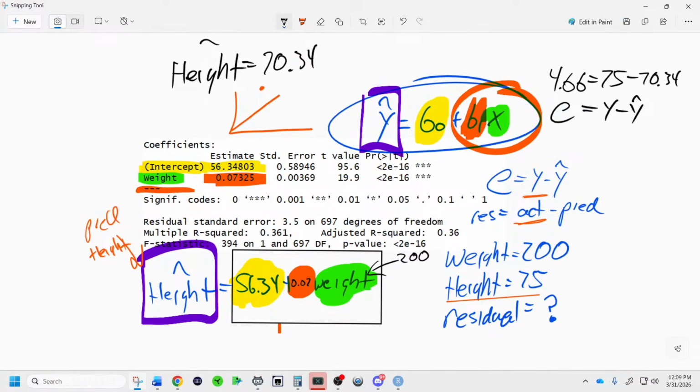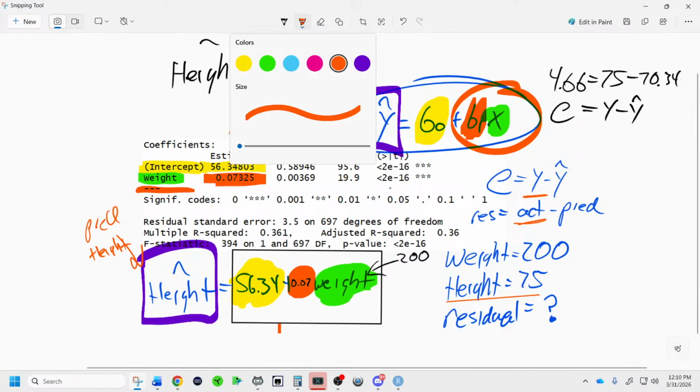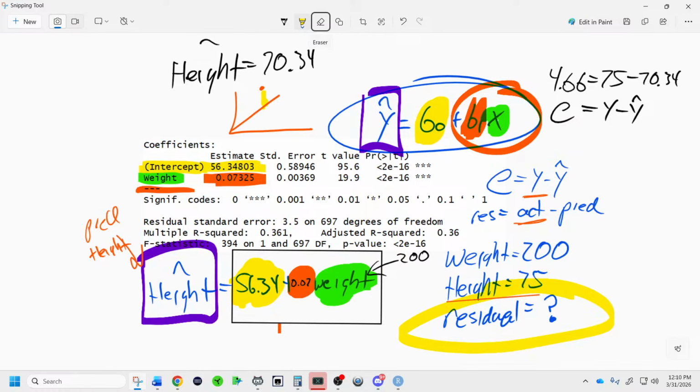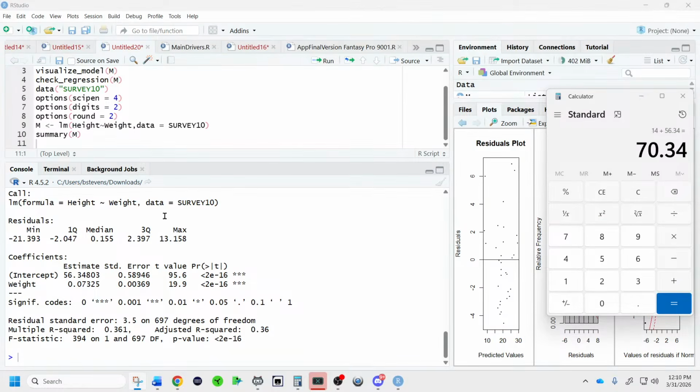Does that make sense? So I am 4.66 inches taller than the model predicted me. That's what a positive residual indicates: I am taller than predicted. A negative residual would mean you're shorter than predicted.